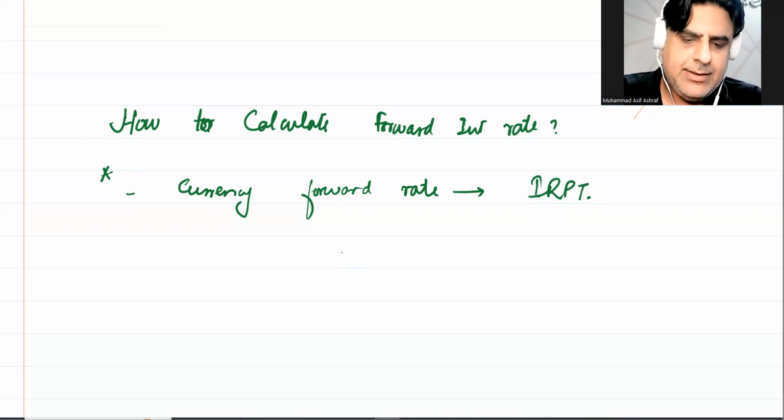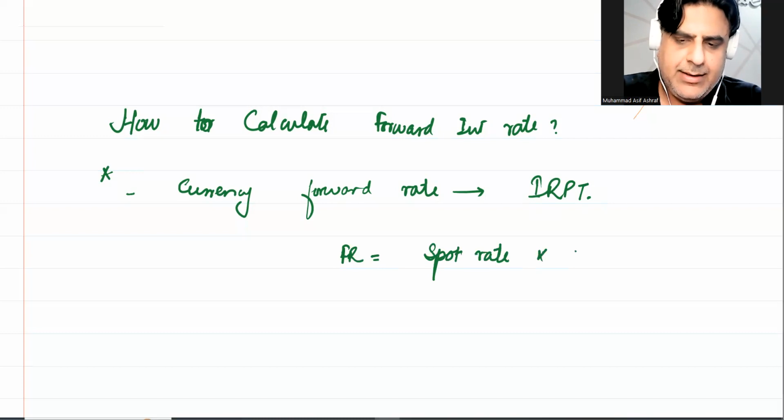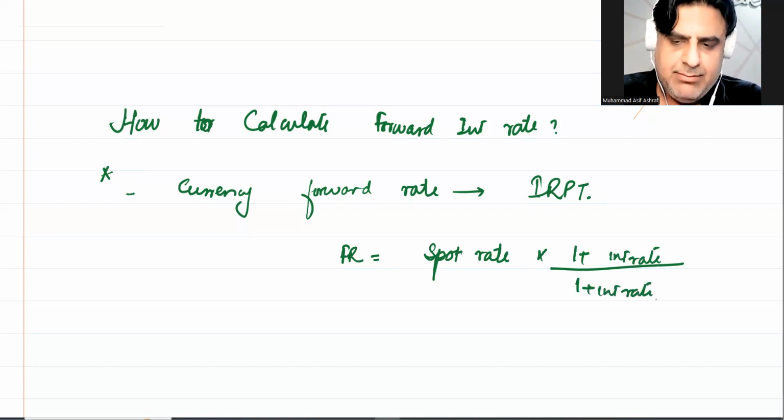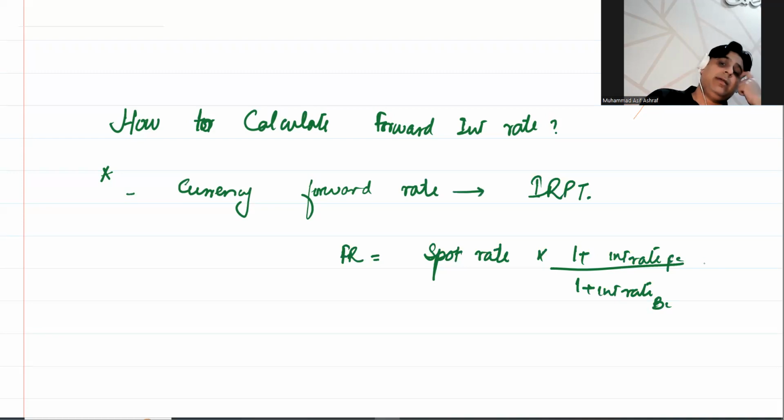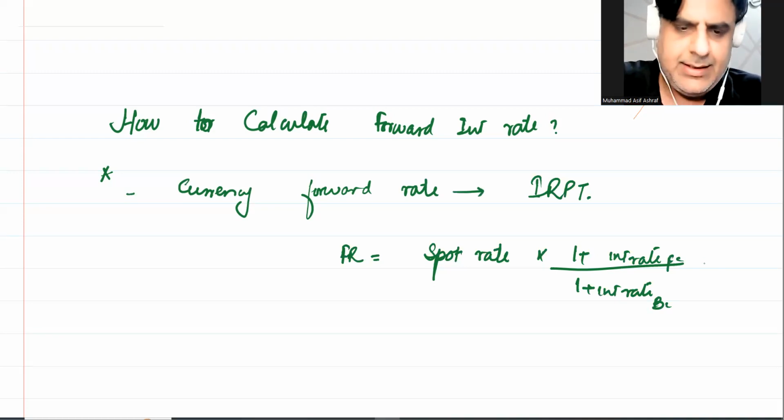That is, currency forward rate equals spot rate into 1 plus interest rate of foreign currency divided by 1 plus interest rate of base currency, if you are using the indirect quotation.